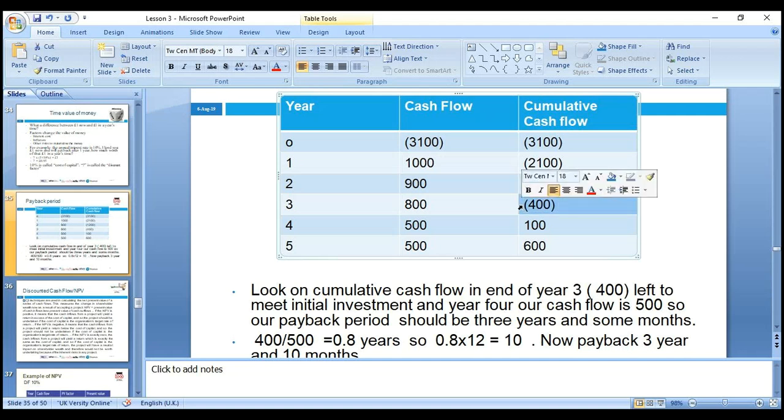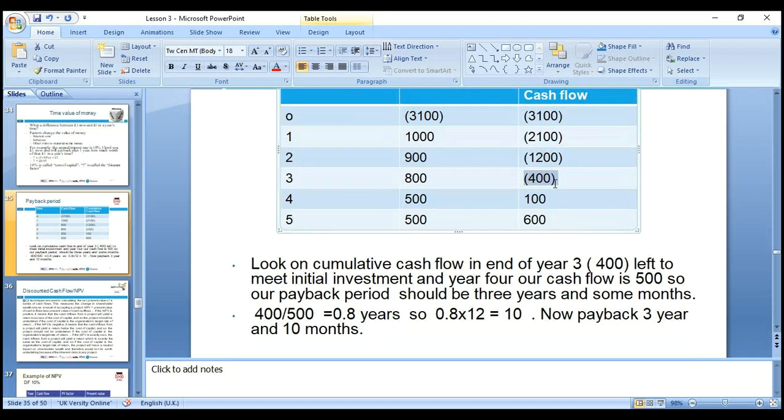But in the following year, I'm getting 500, and I only require 400 to cover the money I invested. So I can't say it will take 4 years. I will say this will take 3 years and some months.